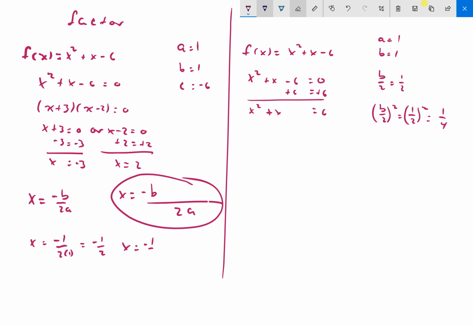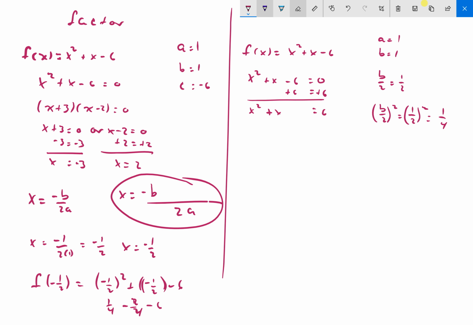Well, if we plug -1/2 into our function, we'd get -1/2 squared plus -1/2 minus 6. Well, 1/2 squared is 1/4 minus a half minus 6. Well, 1/4 minus a half, that's really 2/4, so that's really -1/4.